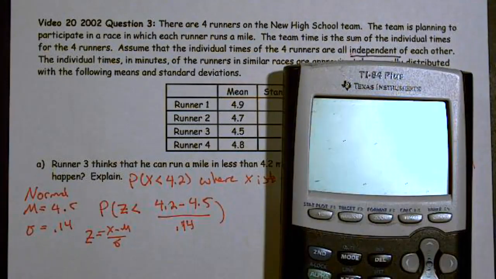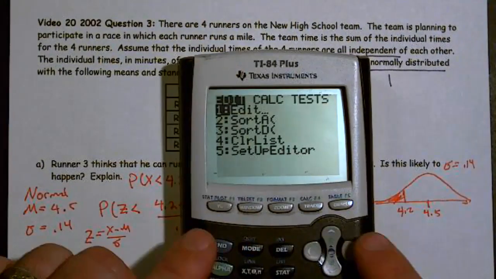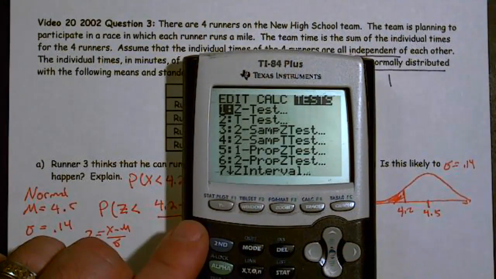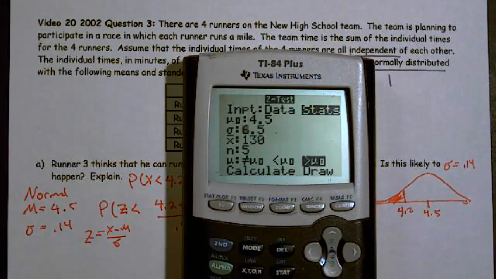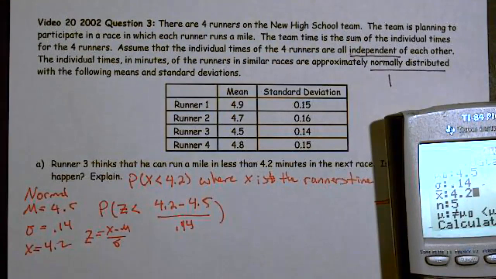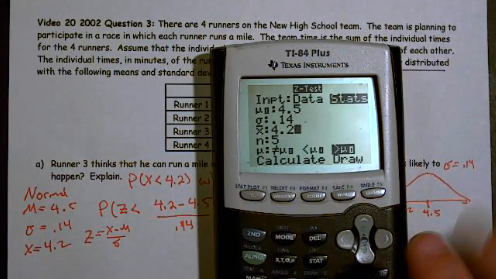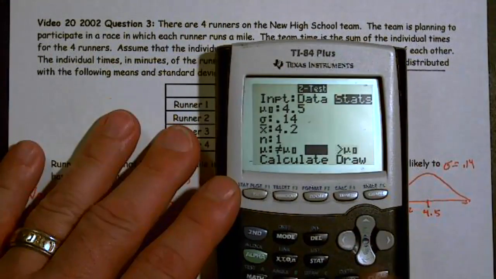So I'm going to go to stats, arrow over to test, Z test. My mean is 4.5. My standard deviation, they said, was 0.14. We're looking for an X of 4.2. I should write that over here: X equals 4.2. Whenever we do a problem like this, our N is 1 because it's one race.